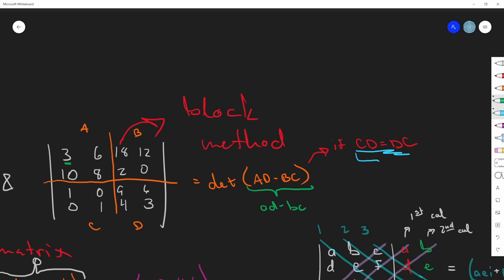This won't only be true, but this could be true if C or D is equal to the identity matrix. And if you look over here, block C is the identity matrix. So we could go ahead and do this method.